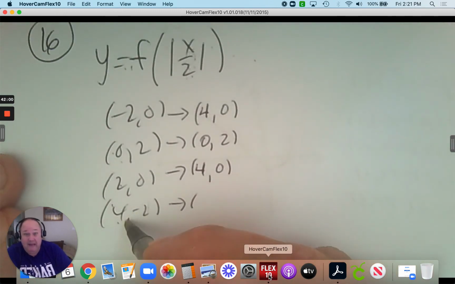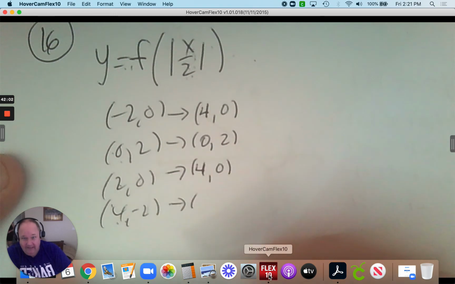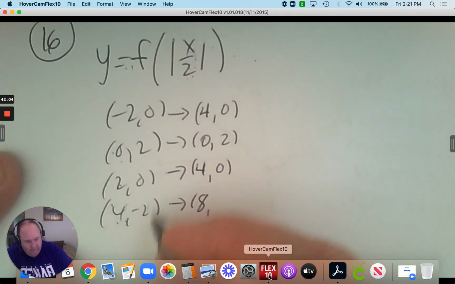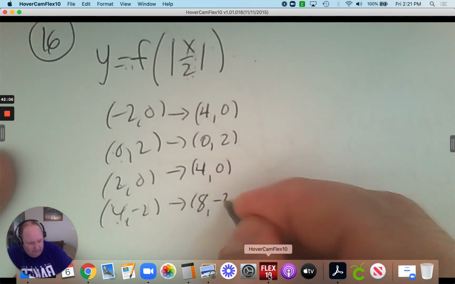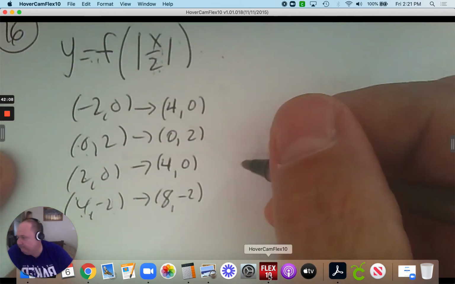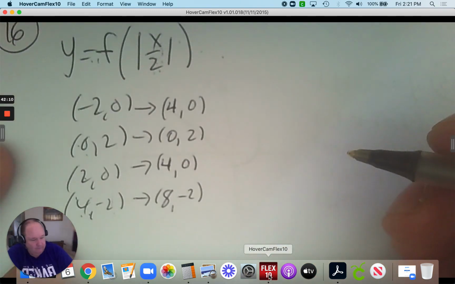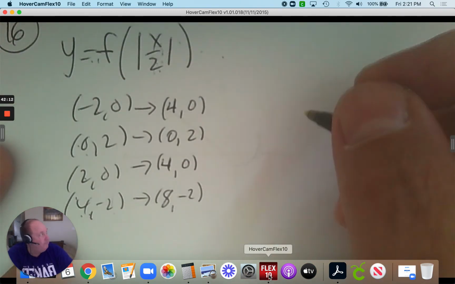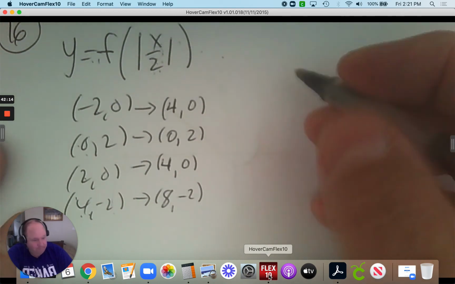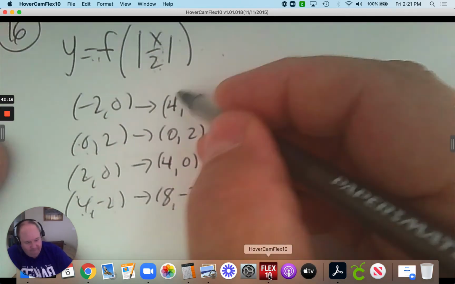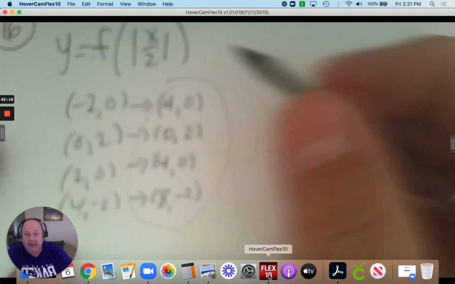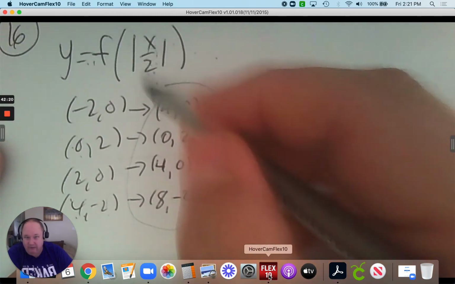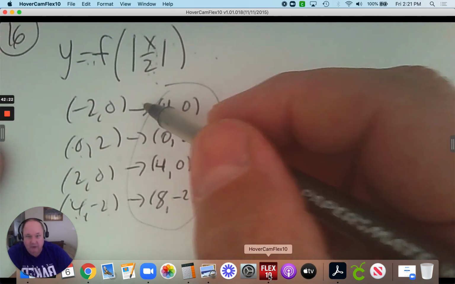So this would be 8 and the absolute value. And then the y coordinate stays the same. And for the absolute value of the x, you really only have to graph the right side, and then it gets reflected over.